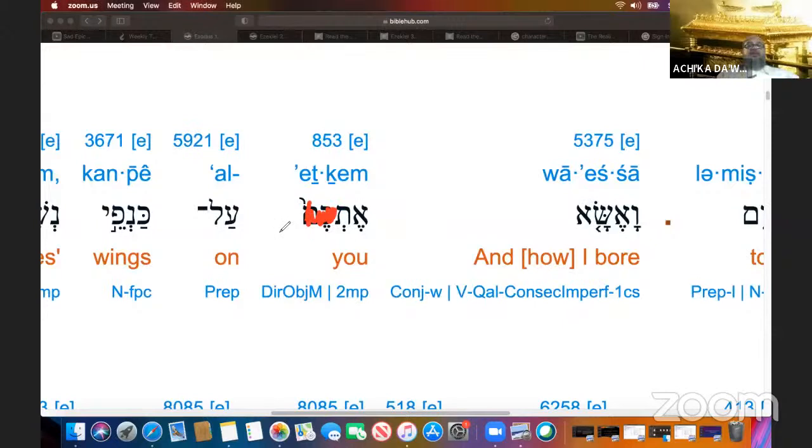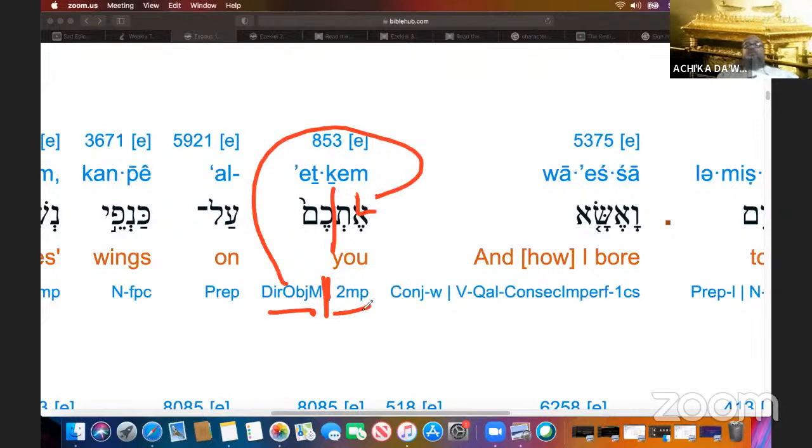Get rid of this right here and I put a hey right there. Who am I talking about? Feminine. See? So this is a compound. That's why they have this line right here to separate the direct object marker, these two letters, and it lets you know the second person masculine plural.